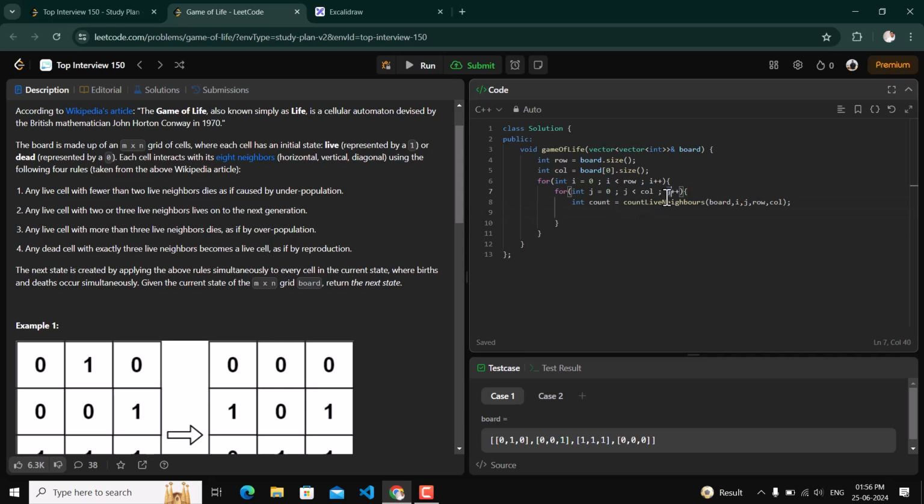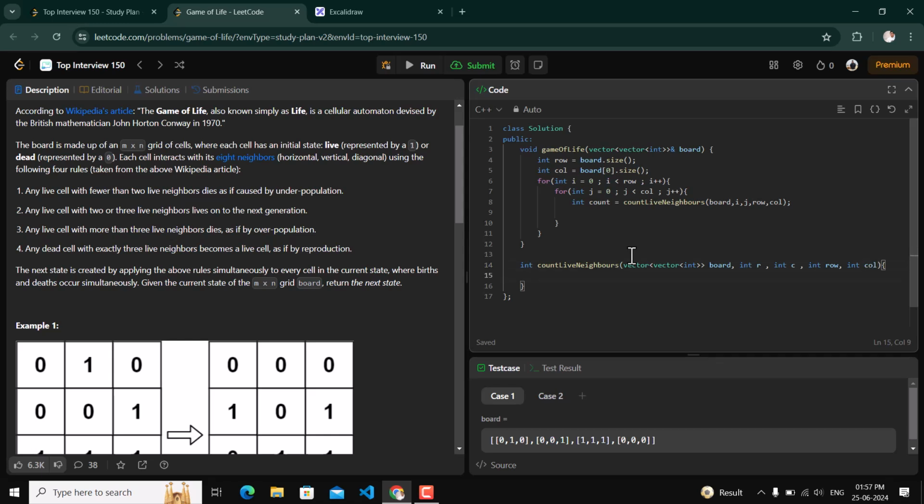Let's first make this function on the board to count the live cells. It will return an integer value, int countNeighbors, with a vector of vector of int board, then int row, int column, then int row and int column.